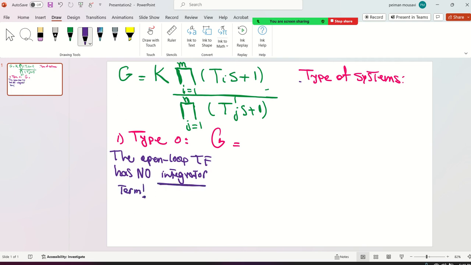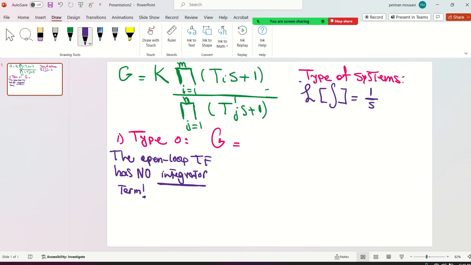Guys, I taught you this a million times. What's integration in the Laplace domain? What's the Laplace of an integrator? You have it in your notes.